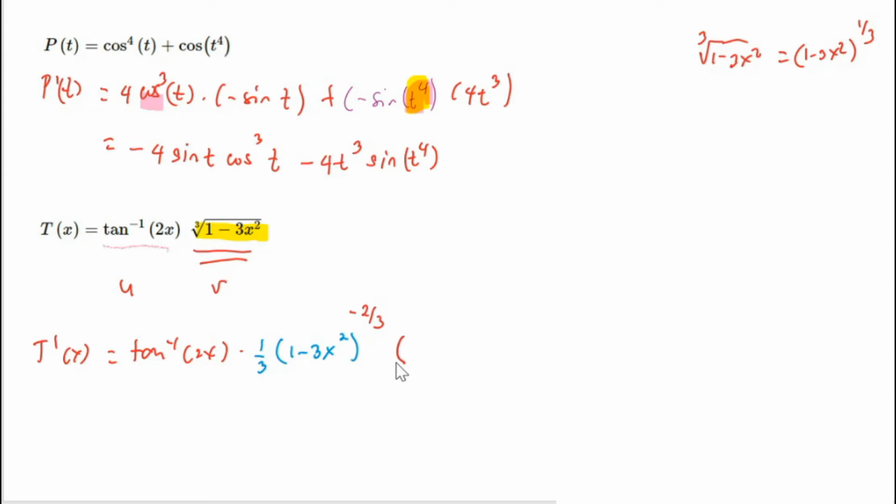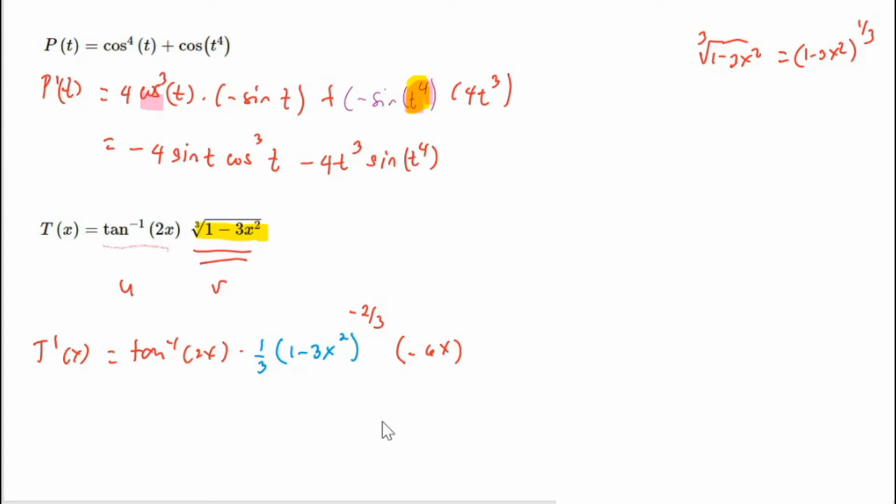Then after that, we are going to use the chain rule. We start from the power rule and then we take the derivative of the base, the derivative of 1 minus 3x squared. The derivative of 1 is 0, and the derivative of negative 3x squared gives us negative 6x. So this is still the answer of u dv.